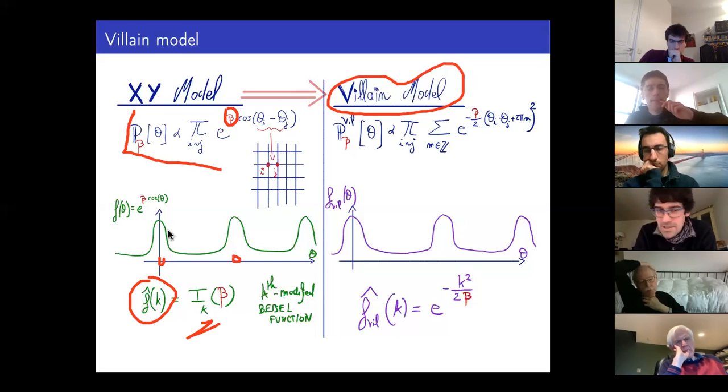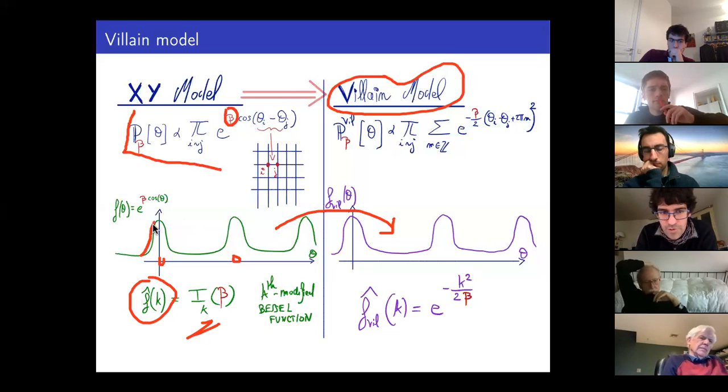So at that stage, a natural idea is to say, okay, this interaction, which says how spins are interacting with their neighboring sites, let's take a simpler 2 pi periodic function. And a natural idea for this is to do, as we did before, a Taylor expansion of this exponential beta cosine. And as we've seen, the Taylor expansion is kind of this exponentially decaying term.